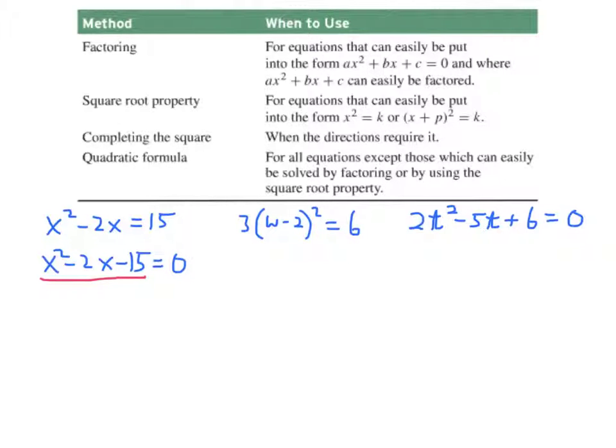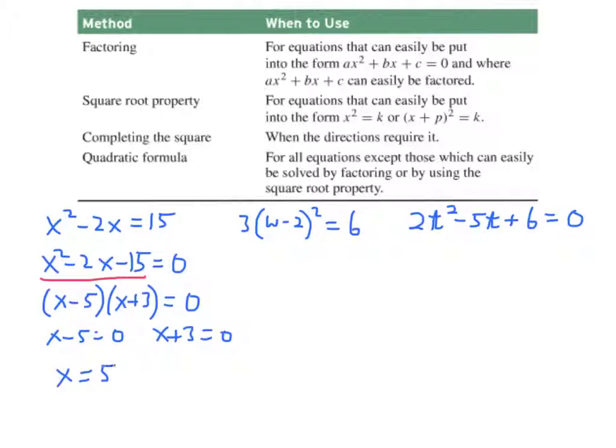And if we can't, we'd use the quadratic formula. In this case, it does factor, it factors into x minus 5 times x plus 3. And so you go ahead and do it that way, and then you set each separate part equal to 0 and solve them separately. So you would end up with x equals 5 and x equals negative 3 for your two solutions.